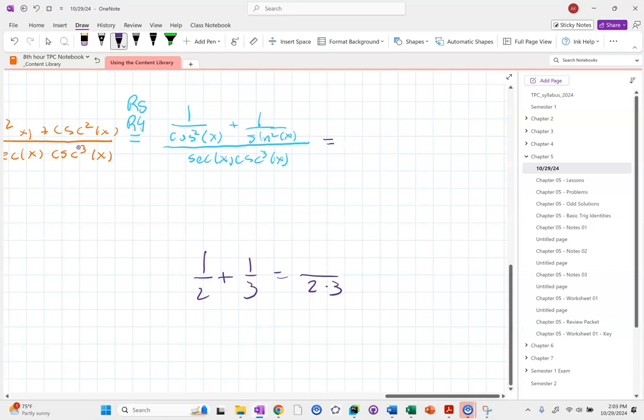So this is like my 1/2, that's like my 1/3, so my common denominator is sine squared times cosine squared. Do you see that? Okay. So in the interest of things not ballooning out of control, I'm going to just write down the fraction now that we've added everything together.